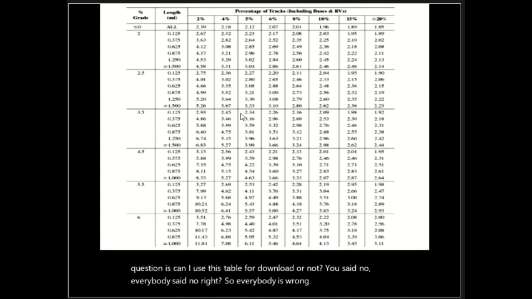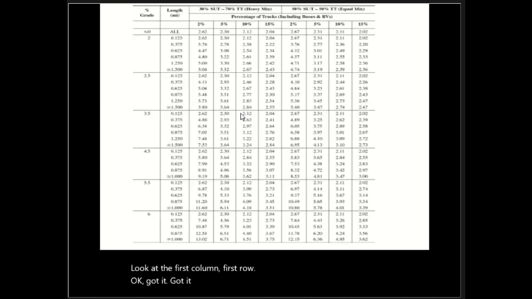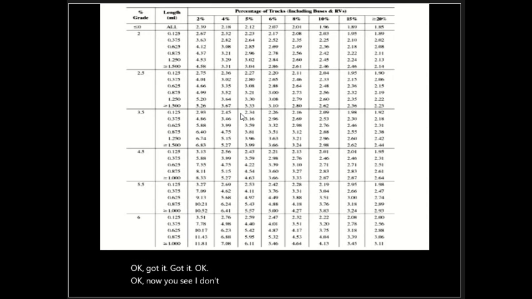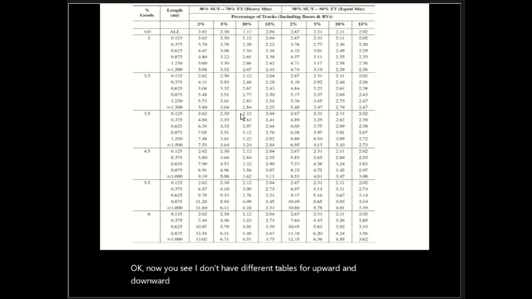Okay. Look at the first column, first row. 2%. First row is 0. Okay. Now you see, I don't have different tables for upward and downward, but I still have two tables.